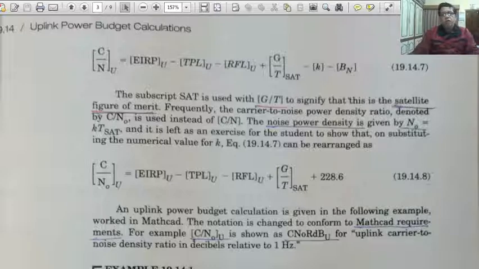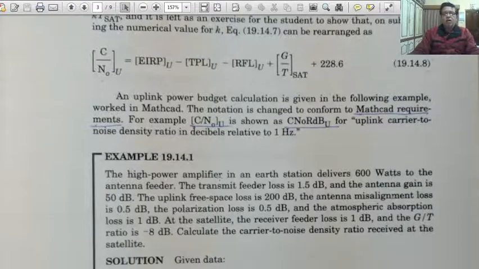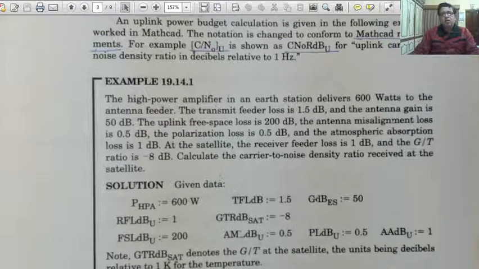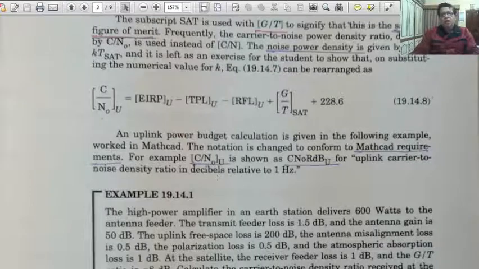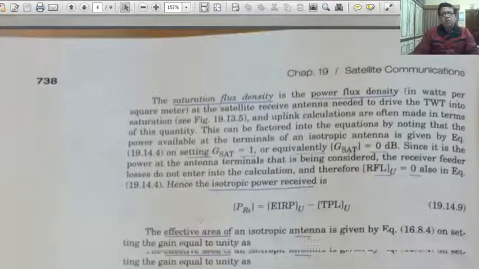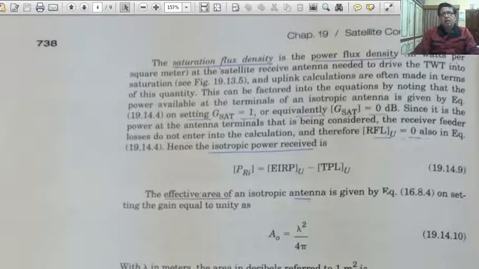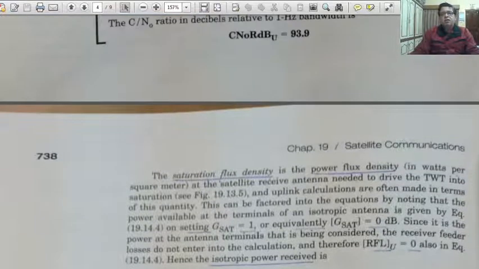These are not for you because you are not using MathCAD. The example is shown in the next, 19.14.1. So up to this we understand about the uplink power budget calculation.